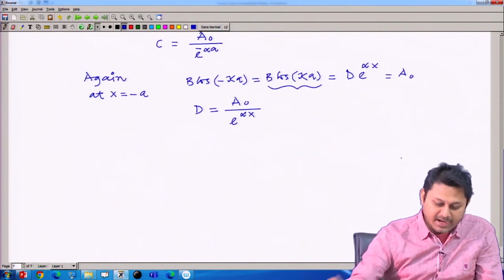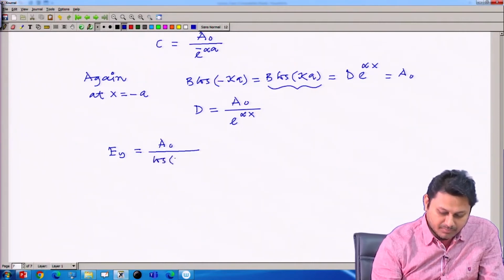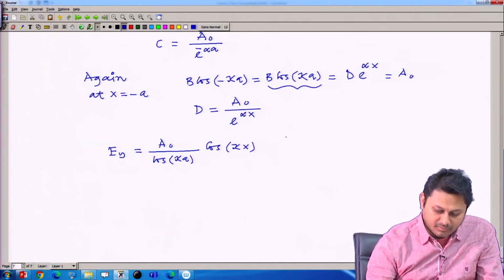Now, if I write the final field, then the final field E y will be equal to a 0 divided by cos of kappa a, and then cos of kappa x.